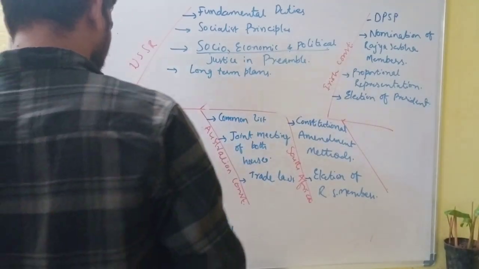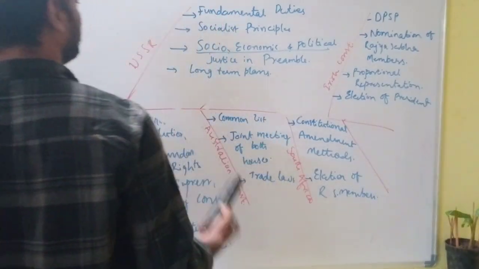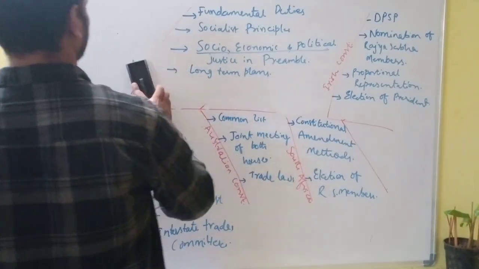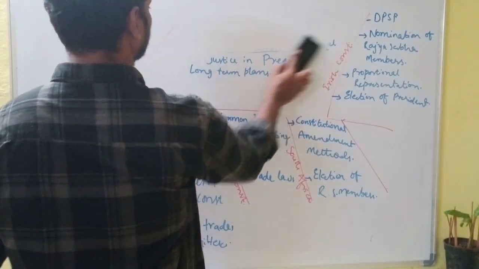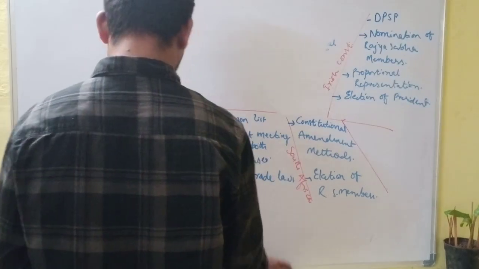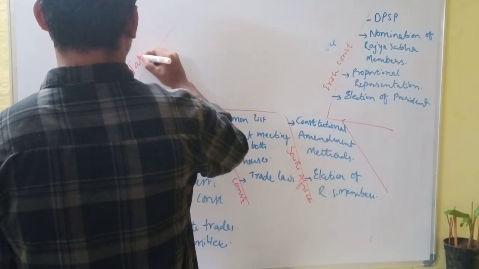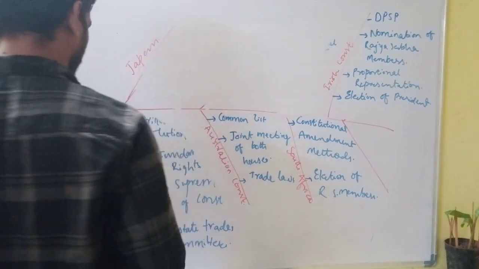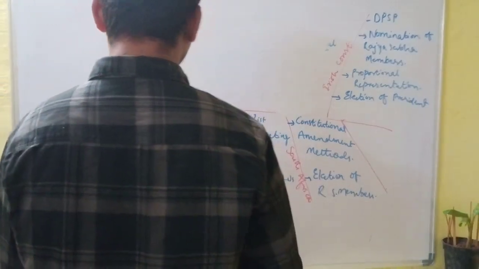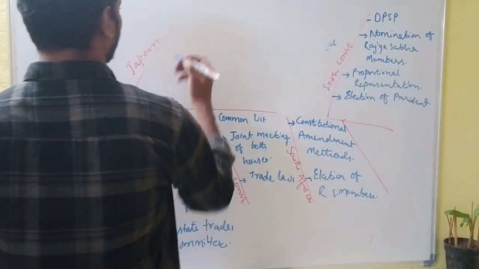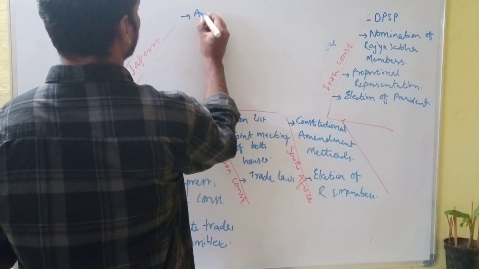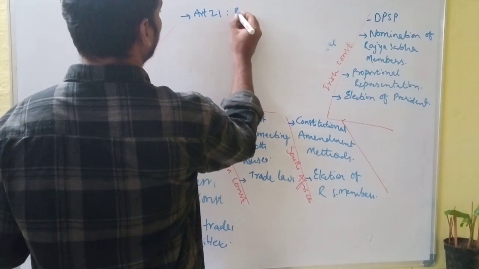So now coming to Japan. From Japan, right to live, Article 21.